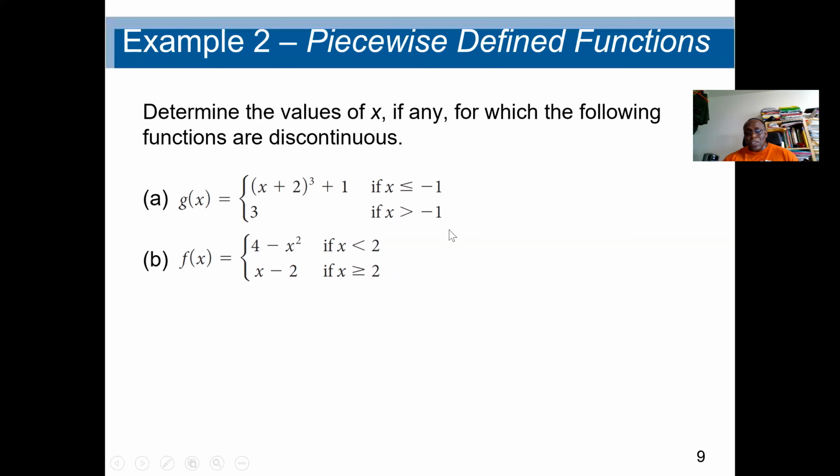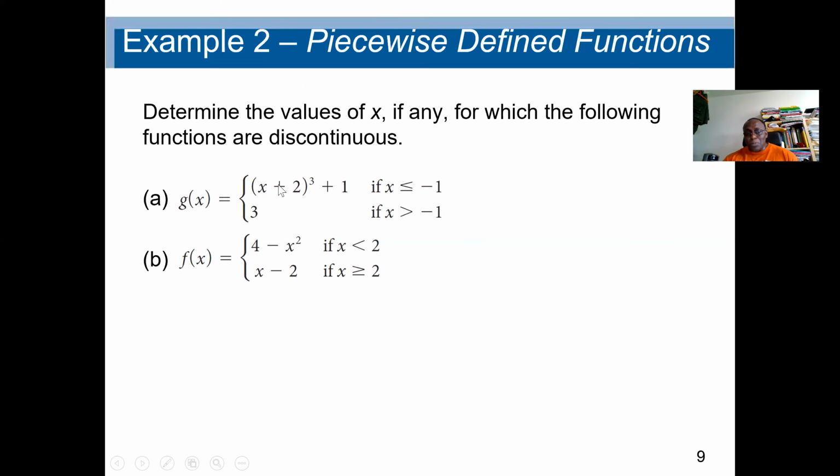So what we can say is that, again, we studied this law in lecture number 1. When you have a piecewise function, if your solutions are the same, then the limit exists. If the solutions are different, the limit does not exist. So I'm just going to do this very quickly. I'll plug -1 in for x here.